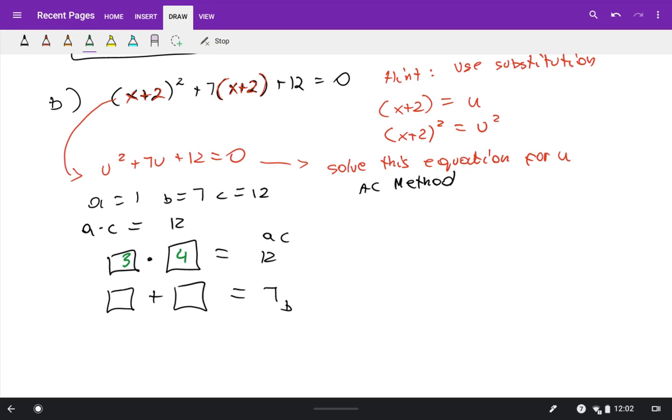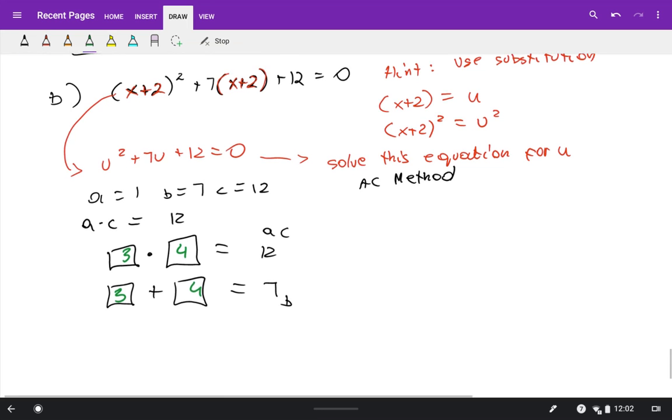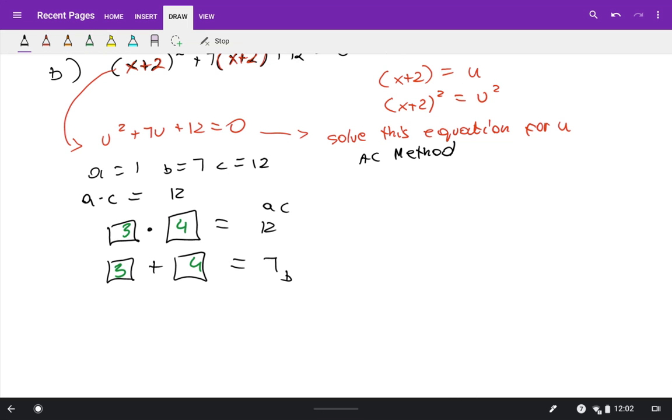3 and 4 will work. So now I'm creating two factors: u plus the first integer which we found, which is plus 3, times u plus the second integer which we found, which is plus 4, equals 0.